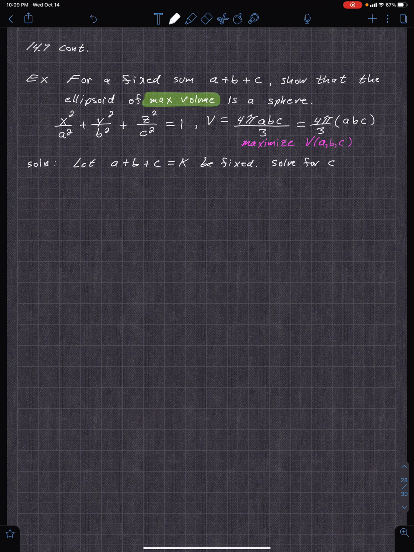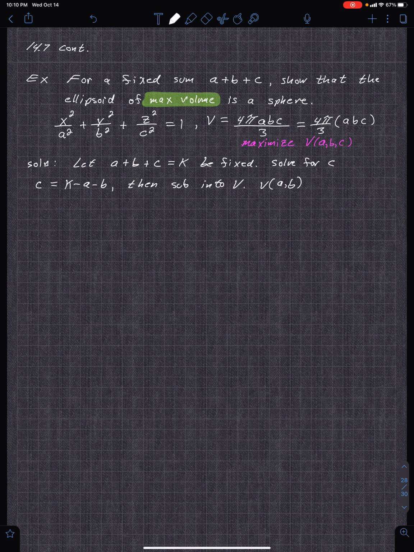We just have to get one of the variables in terms of the others. So C is equal to K minus A minus B. Then we substitute into V, so we have volume in terms of just A and B. And K is fixed. It's a constant, like 5 or something like that.